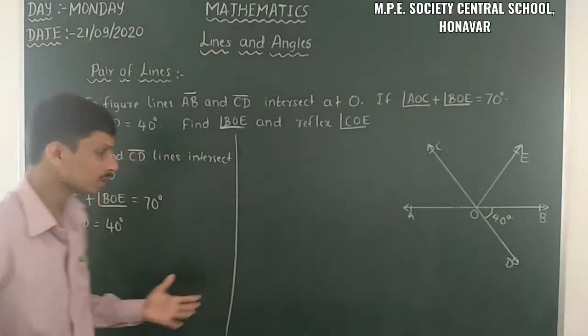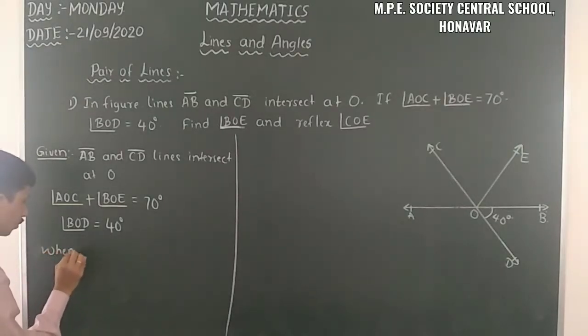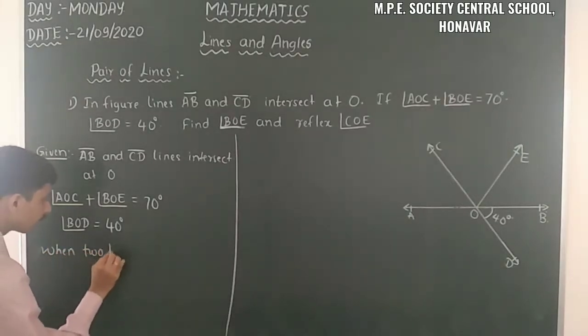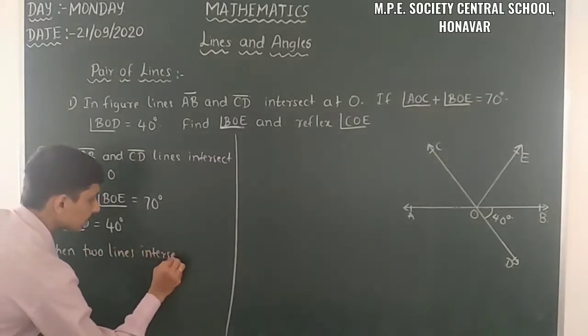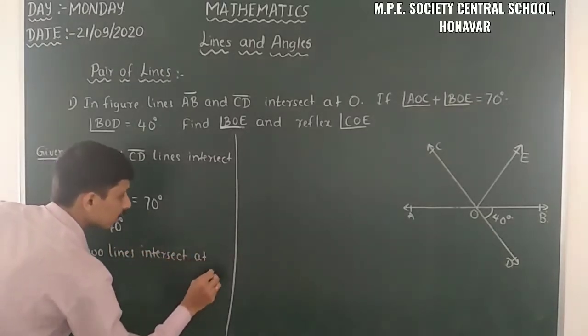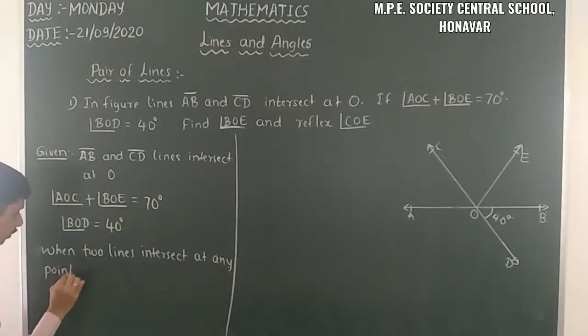So just take that from theorem 6.1. When two lines intersect at any point, the vertically opposite angles are equal.